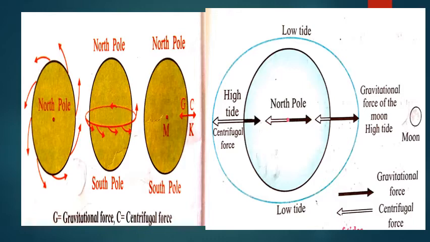I had shown you about the key. When the key stops moving, it stands back again. But when I'm making it go round and round, what happens? The force is thrown out in a circular way. So that is our centrifugal force.